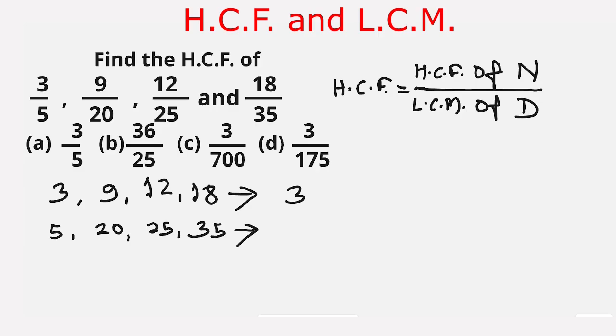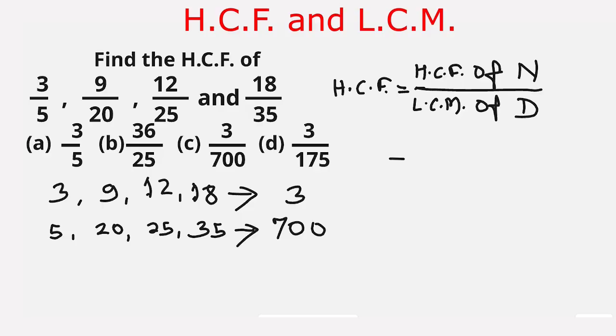So our LCM will be 5 multiplied by 4 multiplied by 5 multiplied by 7. So 5 times 5 is 25. 25 times 4 is 100 and 100 multiplied by 7 is 700. Therefore the LCM of 5, 20, 25 and 35 is 700.